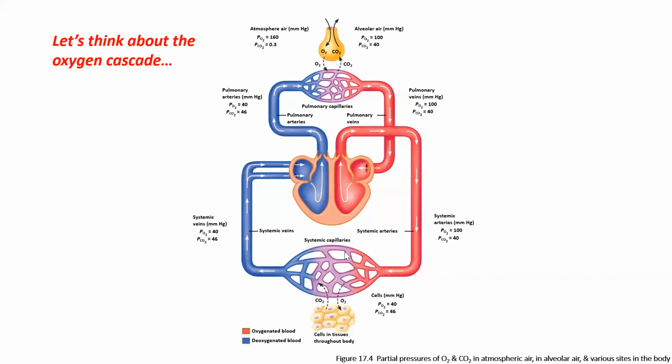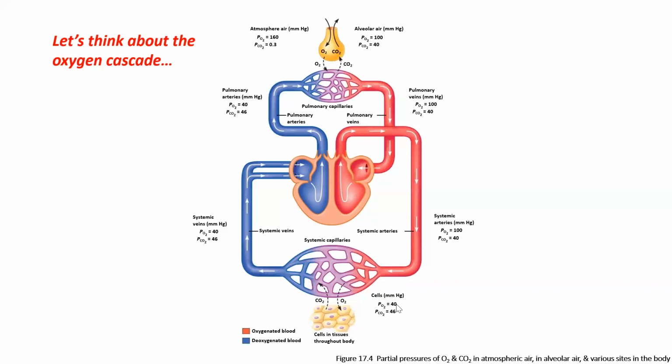cells and tissues at the level of the systemic capillaries. Here we see that the partial pressure is now about 40 millimeters of mercury, for oxygen that is. And that's because we now have the movement of oxygen from our capillaries into our cells and tissues. And so what I really want to point out is the gradient. We go from 160 down to 40.